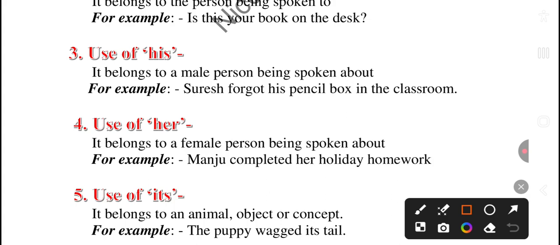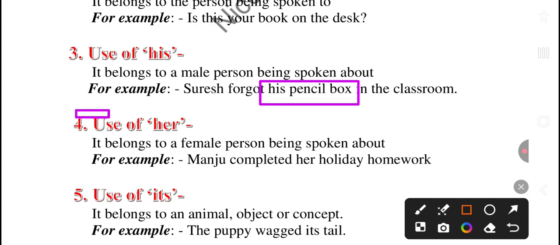For example, Suresh forgot his pencil box in the classroom. Here, his is acting as a possessive determiner and pencil box acts as a noun.